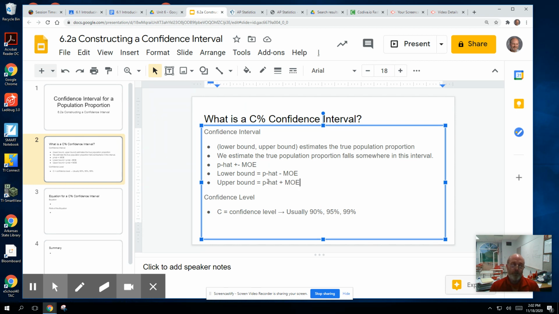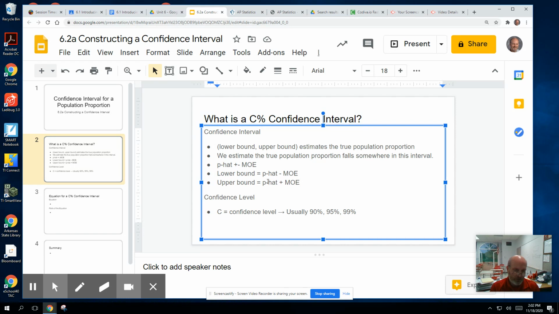So if you remember, we talked about the sampling distribution. We talked about the distribution of every possible sample of size n, and we could get a p hat, a sample proportion, for every possible sample of size n.